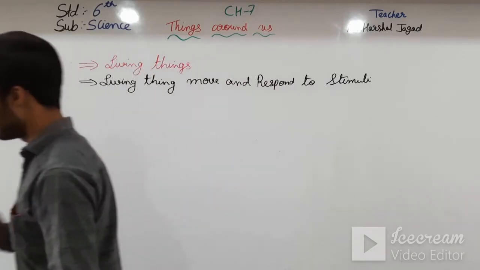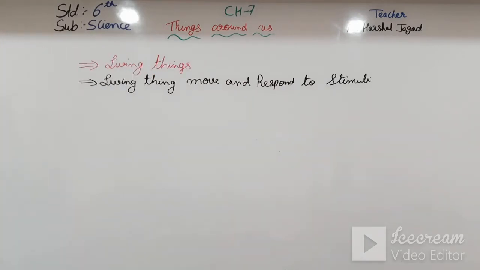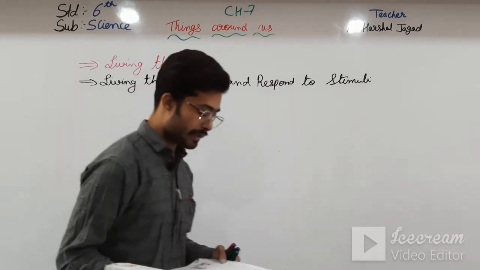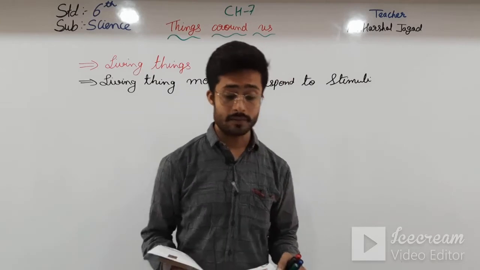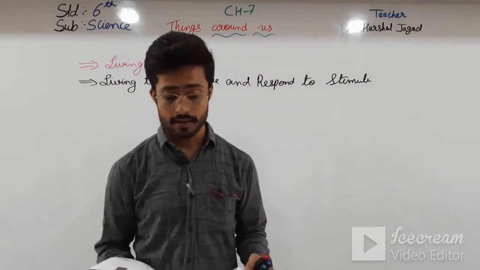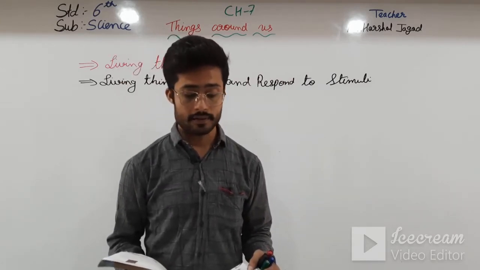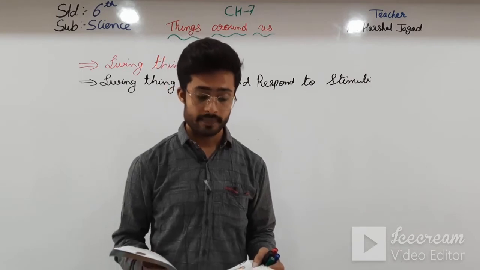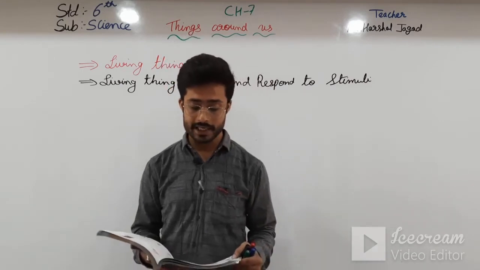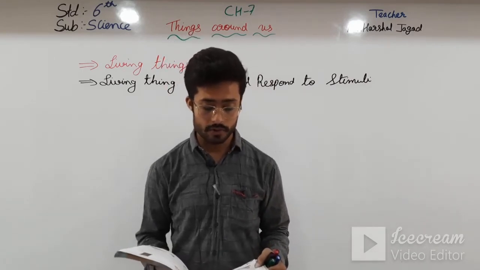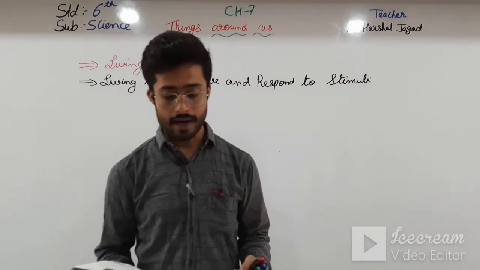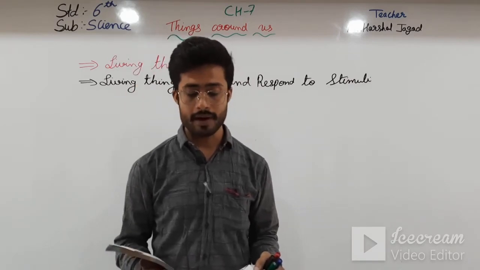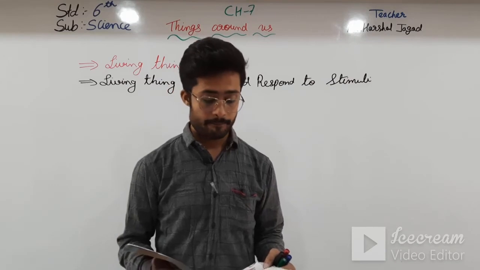Okay students, now I am just reading the description which is given over here. Living things can move on their own. Animals move from one place to another for several reasons, such as to search for food and water, to escape from danger, to escape from harsh weather conditions. For example, birds migrate to avoid extreme winter.